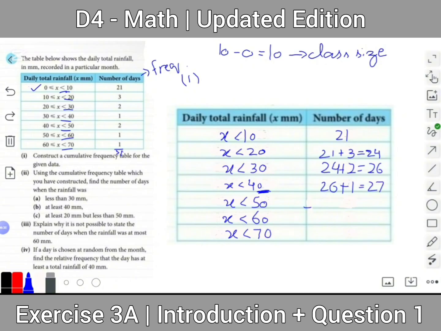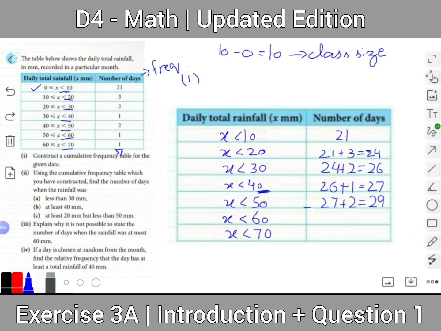Now if we want to calculate the cumulative frequency till 50, it would be everything from 0 to 50. So we will add 2 into the previous total and it will give the cumulative frequency of 29.